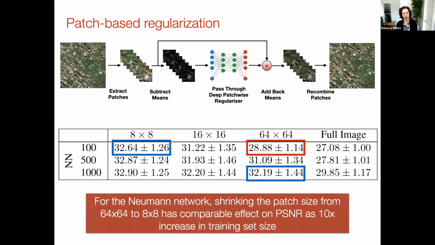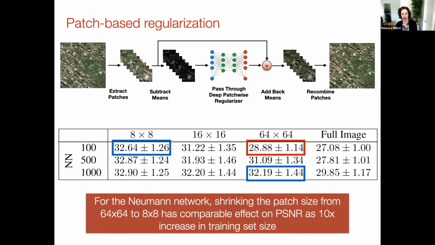So in particular, what we can do is take these frameworks that I've been describing, and instead of trying to learn a model for the full image, try to learn a model or a distribution for just small patches of the image. So the idea would be the following. We could take an image and divide it into patches or little blocks, do some simple things like subtract means, but learn a neural network regularizer over the space of patches.